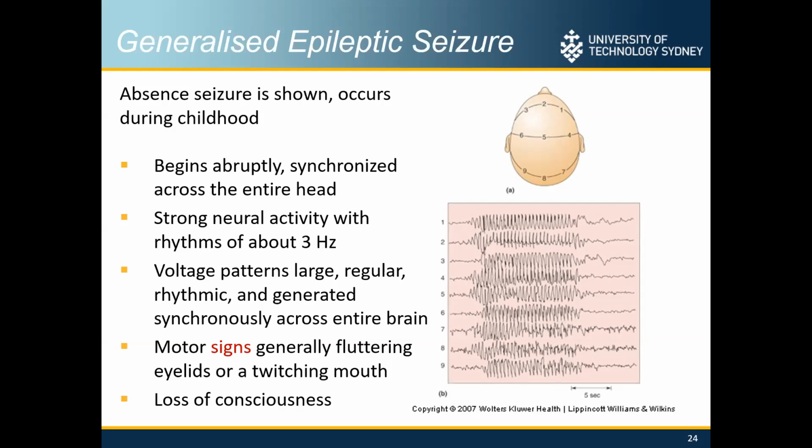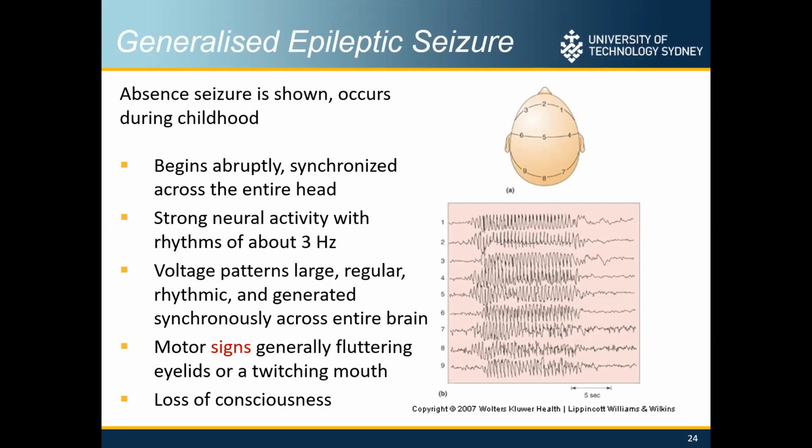So usually it starts abruptly. And when you have the synchronous activity of the abnormal discharge, this can actually sum up into a 3 Hertz wave that can last for about 12 seconds. And after that, you have the normalization of the EEG trace.